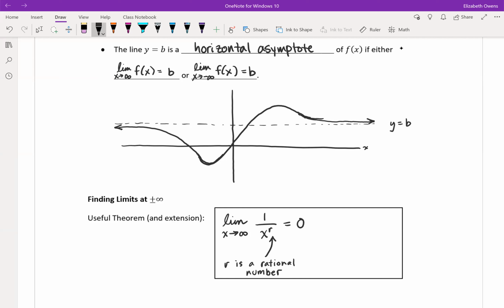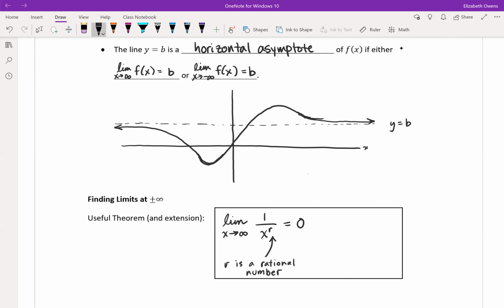Now, if you think about why that is, we are taking x to some power, and then that is in the denominator of a fraction. So imagine values of x that are getting very large. Think of a really large number right now. For me, I think I'll pick a billion, one with 9 zeros after it.